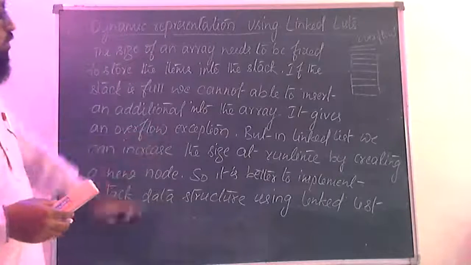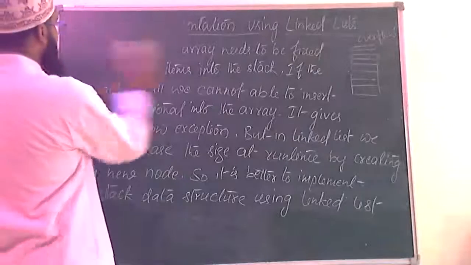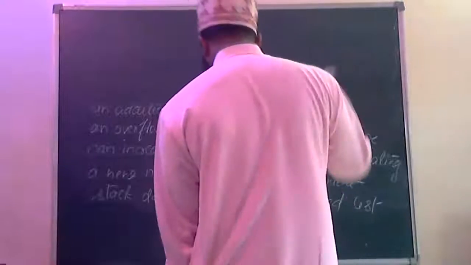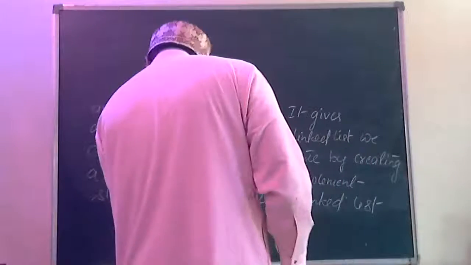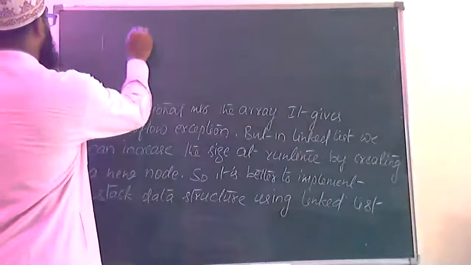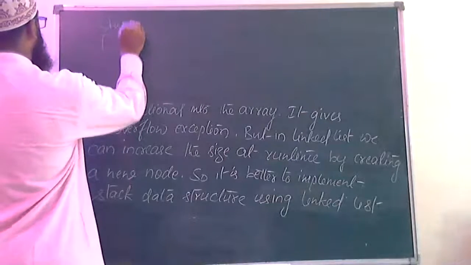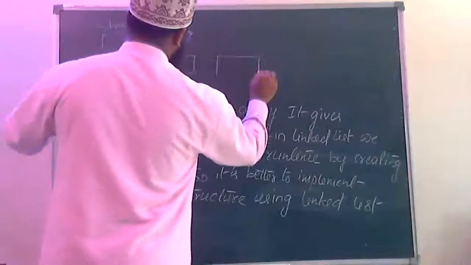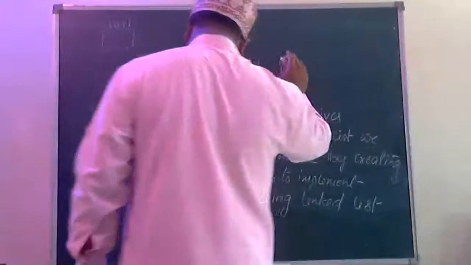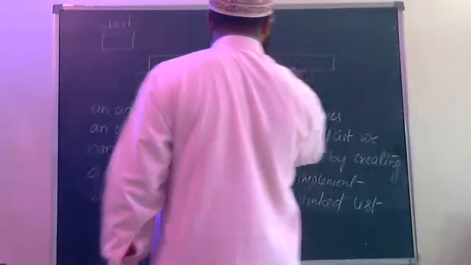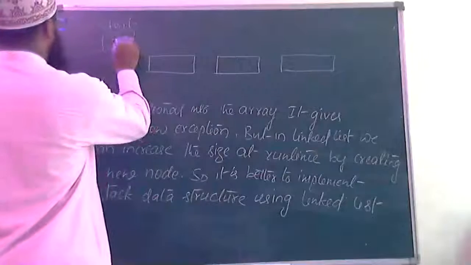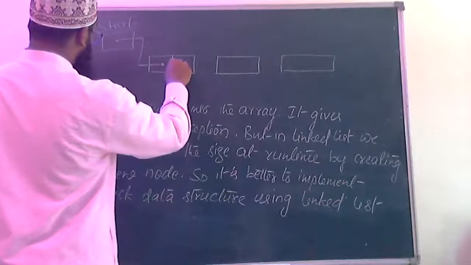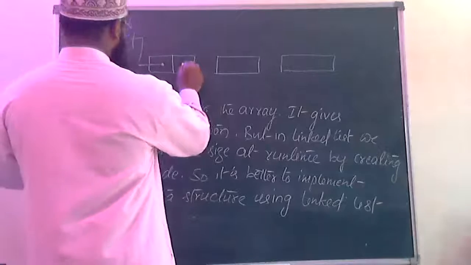If you are okay with this explanation, now I will show you the creation of a node by using a linked list. See, we will take a starting point, Start. These are called nodes. Every node has two divisions.